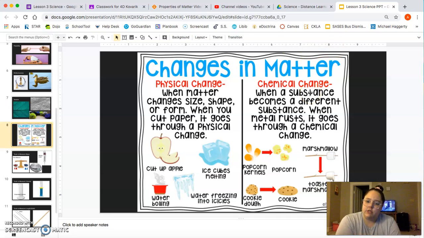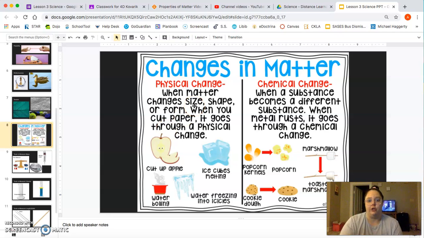Chemical changes you'll get into more probably next year, but this is when you're taking something and turning it into something different. So taking these popcorn kernels and making them into popcorn. Taking a normal marshmallow, putting it over the fire and toasting it. Turning cookie dough into a cookie. You're taking one thing and making it into something else. We're going to focus on physical change, which is what it actually looks like.